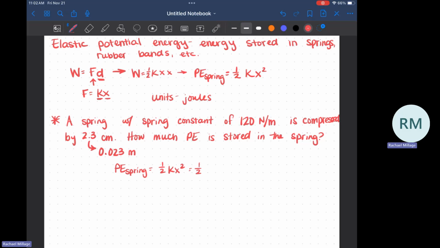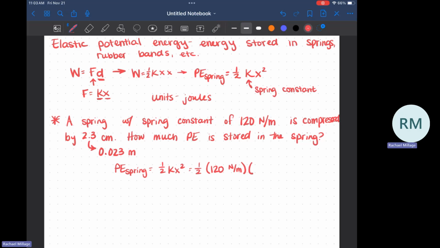What does k stand for? K doesn't stand for kinetic in this case. It's Hooke's law, so it stands for our spring constant. Do we have a spring constant somewhere? Yeah, 120. So that's my k.